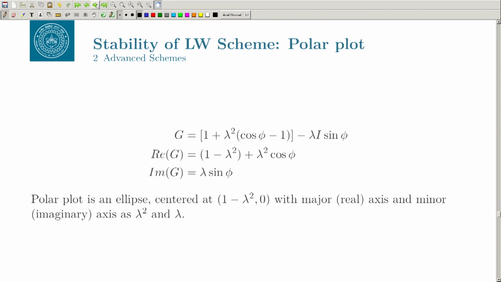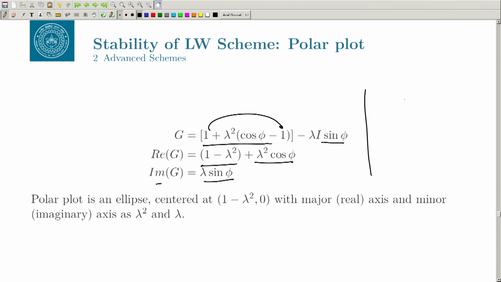You can also look at the polar plot, or the Argand plot. So, basically what we are doing. So, this is the expression that we had earlier when we derived. So, g is equal to 1 plus, so the real part is 1 minus lambda square, this 2 term plus lambda square cos phi, and the imaginary part is lambda sin phi, right.